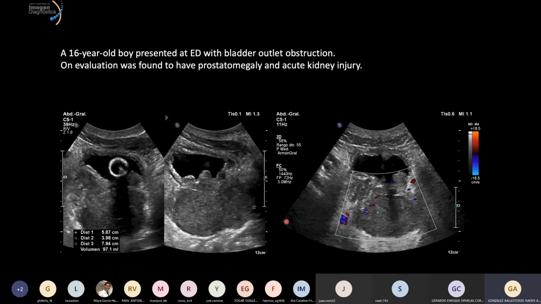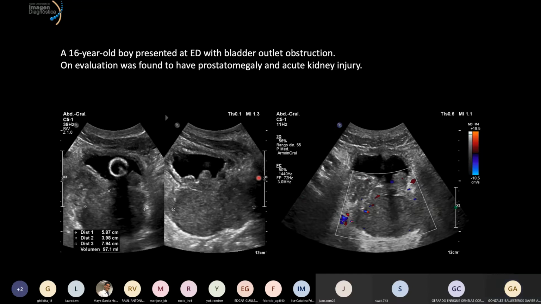We first performed a pelvic ultrasound, which showed a heterogeneous mass behind the bladder, which apparently affects the posterior wall of the bladder. This mass had a volume of up to 97 milliliters and has many vessels inside.